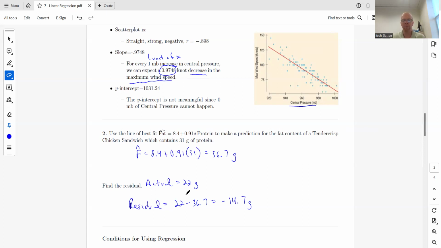So generally speaking, positive residuals and negative residuals are equally bad or good. But in specific cases, you might be able to say you'd rather have one than the other. So that's the point there. All right, so we'll stop this and pick it up in the next section.